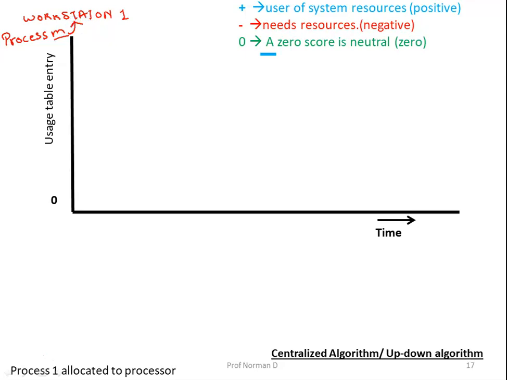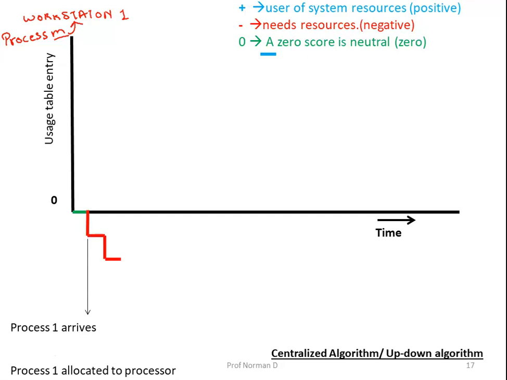Initially the state over here will be neutral. This green line indicates the neutral state. Now here process 1 has arrived. So now the value will be negative as the resources are still not assigned to this particular process.